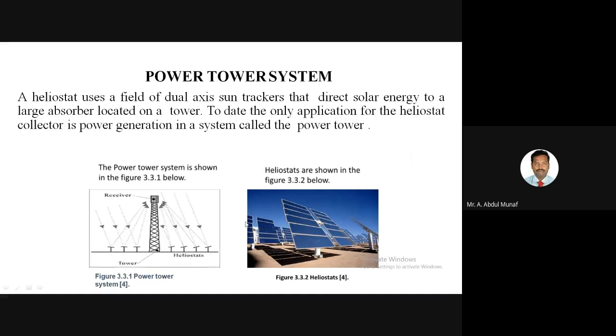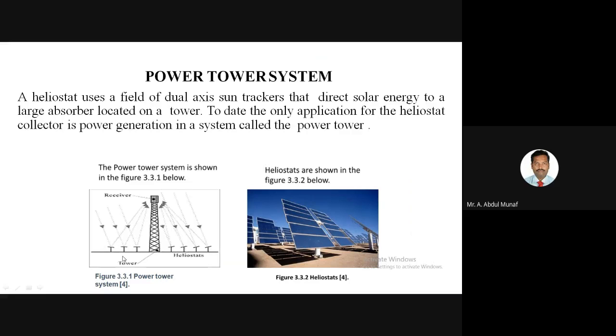A heliostat uses a field of dual axis sun trackers. Here also we are using the dual axis sun tracker to direct solar energy to a larger absorber located on a tower.